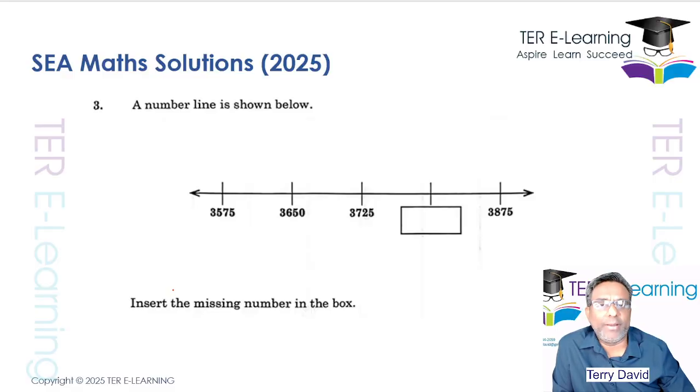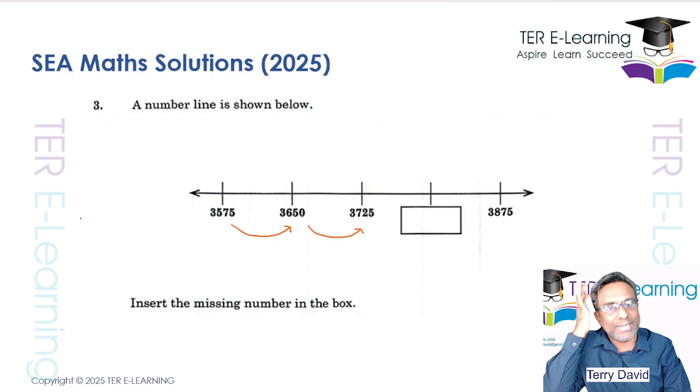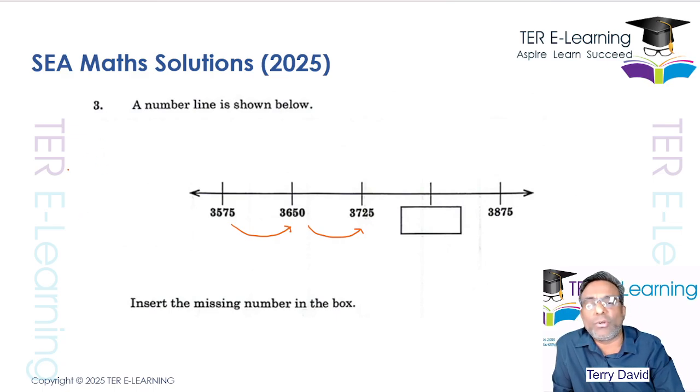For this next one here, we have a number line. If we look, the numbers are actually increasing as we jump from here to here, and from here to here. So if you want to work out what is the constant increase, all we need to do is take 3,650 and minus 3,575.